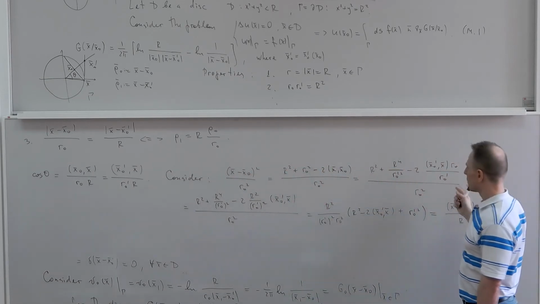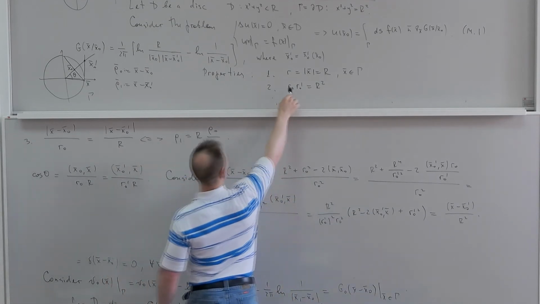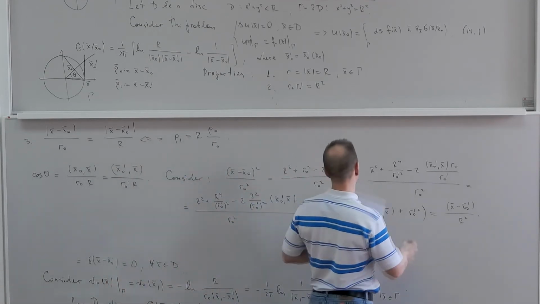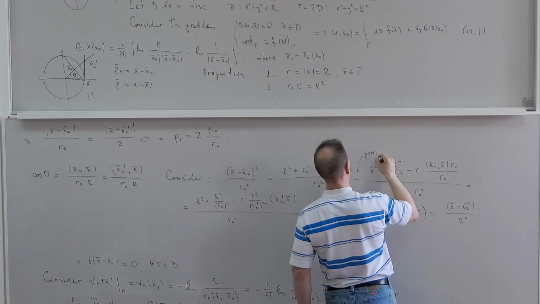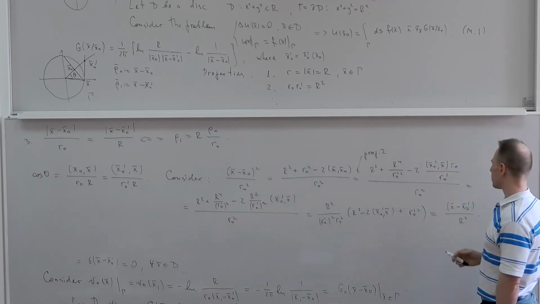Then we use this relation, property 2, and we write it in the following form.